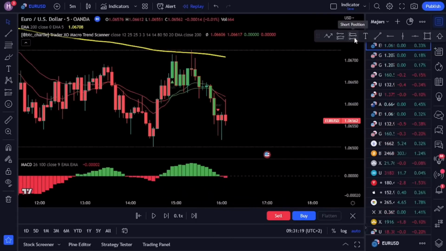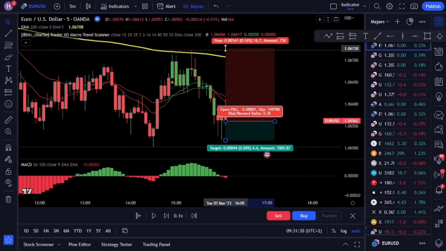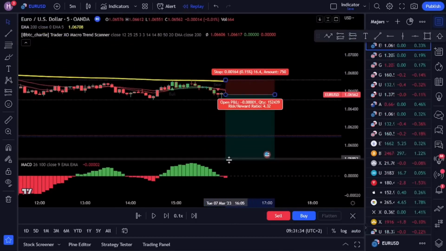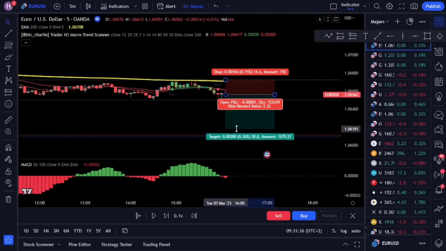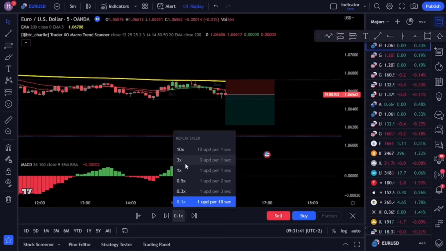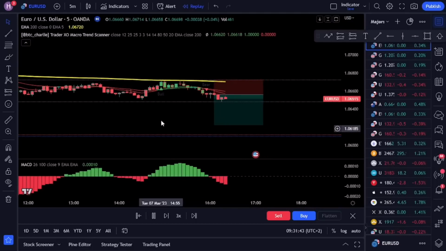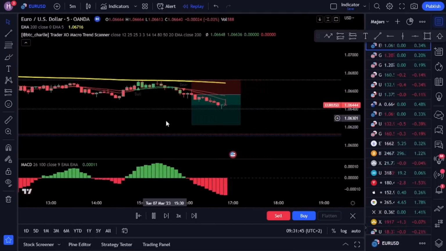The MACD histogram needs to be below the 0 line, and now we have a third condition, which is that the price is lower than the 200 moving average line. Once the candlestick has closed, we're allowed to enter the sell trade. We'll set our stop loss at the previous high of the market and aim for a 1 to 2 risk to reward. What this means is for every 1% of the account risk, you should aim for a 2% return.